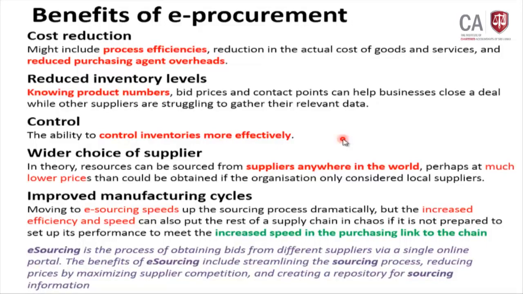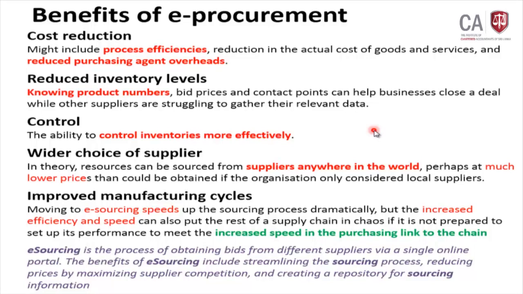So what are the benefits of e-procurement? Cost reduction. The e-procurement reduces the cost. How does it happen? It might include process efficiencies, reduction in the actual cost of goods and services, and reduced purchasing agent overhead.